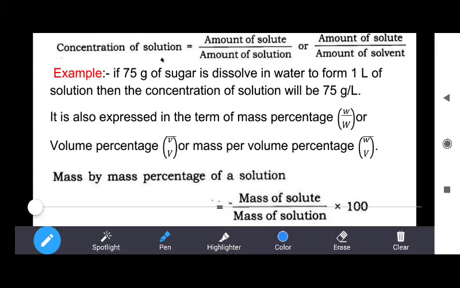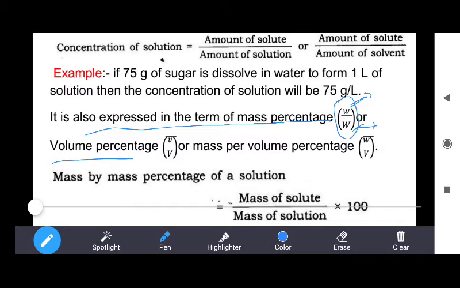It is also expressed in terms of mass percentage. When you express the concentration in terms of mass percentage, you have to take W upon W, where small w means mass of solute and capital W means mass of solution.